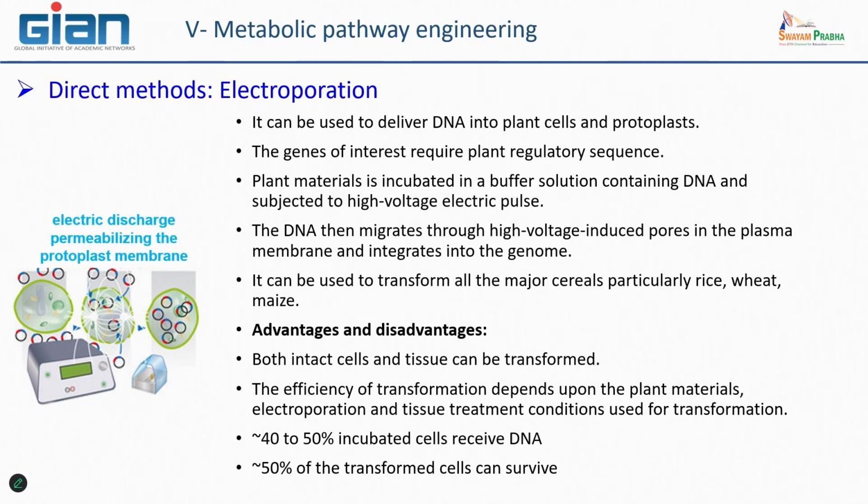And if you have some DNA in the medium of your protoplast, at this moment you can have some DNA that enters the protoplast. After that, you have to wait for the cells to regenerate the cell wall, and after to cultivate these new cells in an in vitro culture system in order to see what happens.